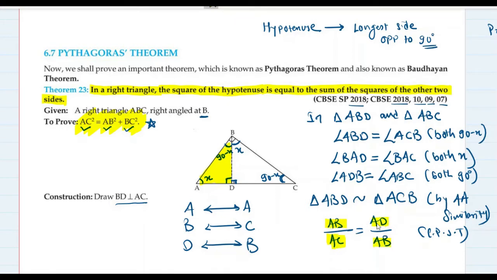But why did I select AB and AD in the first place? Let me tell you. See, in the small triangle, we have to select only those sides which are outside, not inside the big triangle. That means this dotted line BD, it's in the small triangle ABD, right? We don't have to select BD because in our proof there is no use of BD, right? So you have to select AB upon AC is equal to AD upon AB.